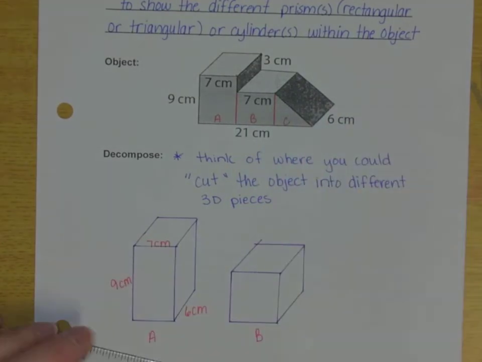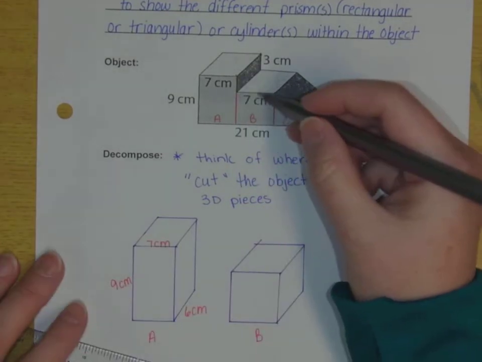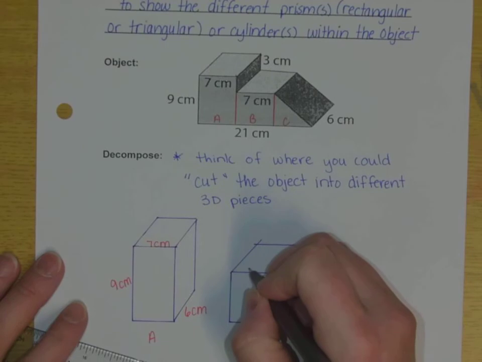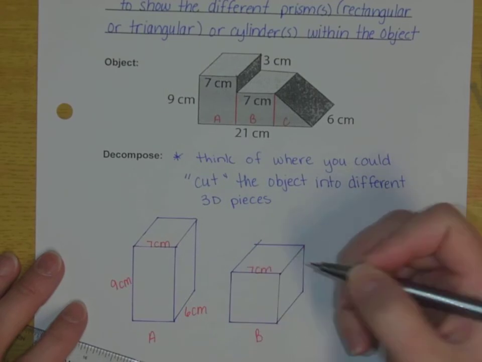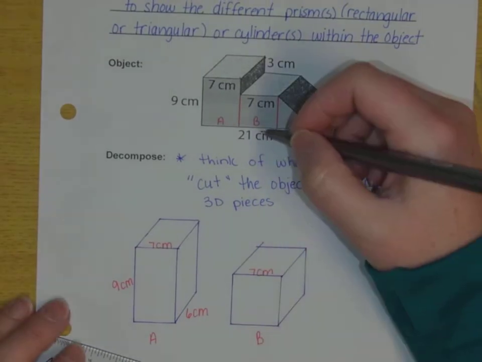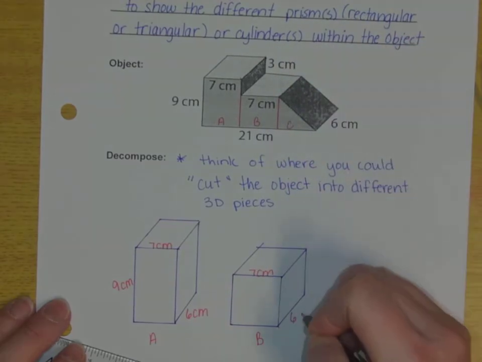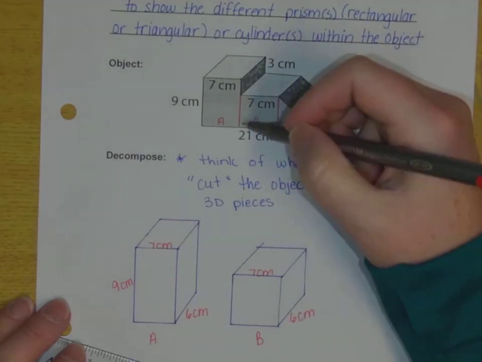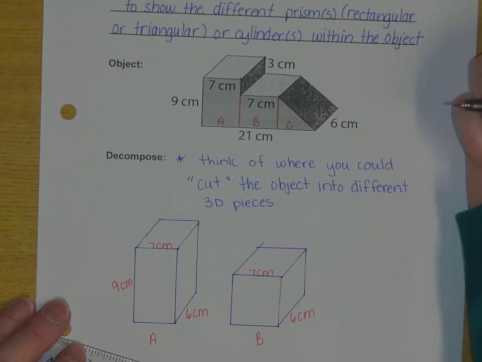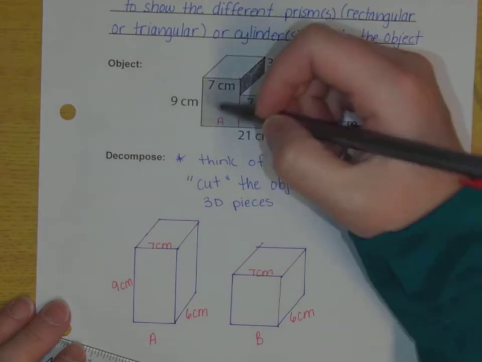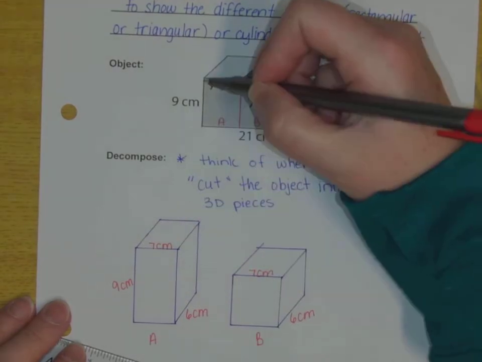All right, so now let's label this one. This one you can tell is 7 across. We know it's 6 deep because they're all 6 deep, but we don't know how tall this is. Okay, so let's look. All the way up is 9.